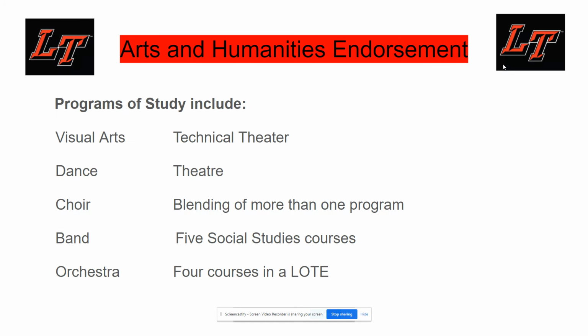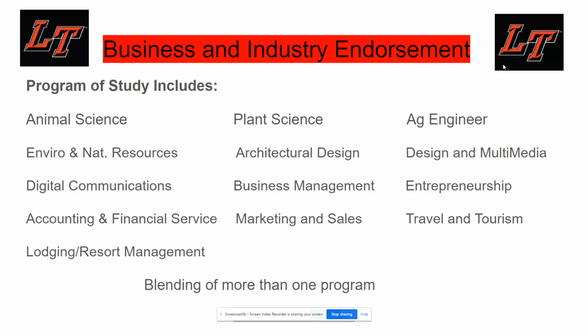The next endorsement is your art and humanities endorsement. This is more of your fine arts, your visual media, and this includes all the different programs and studies within that. Business and industry, again, this is a whole lot of different areas of focus.